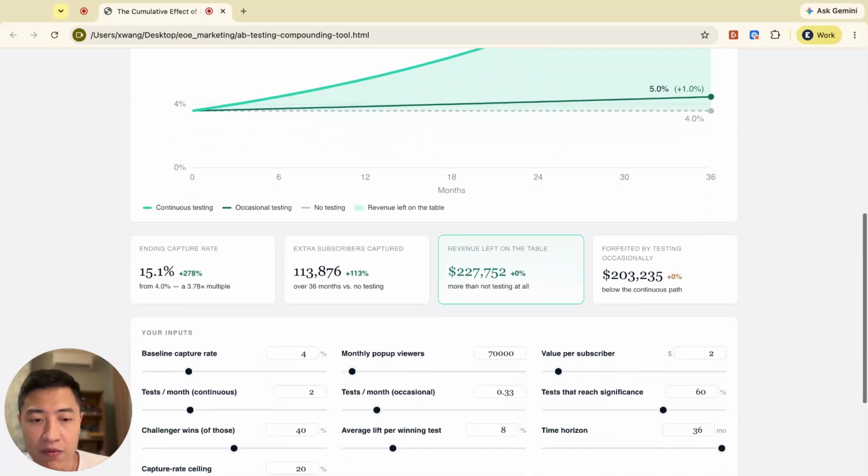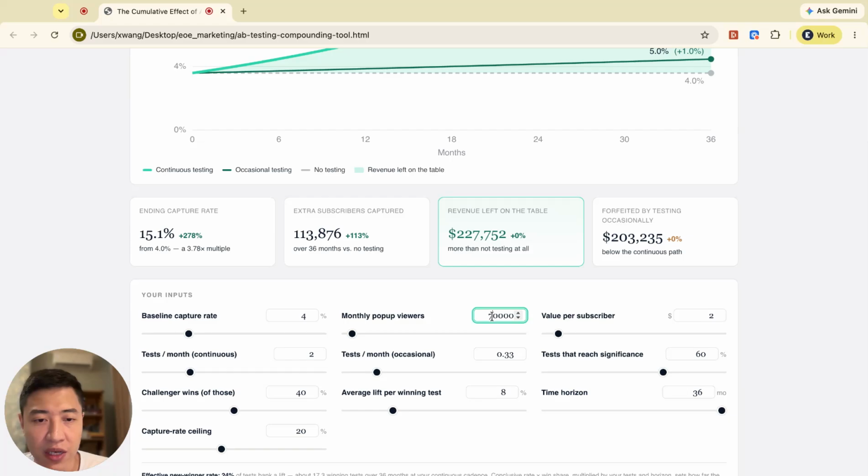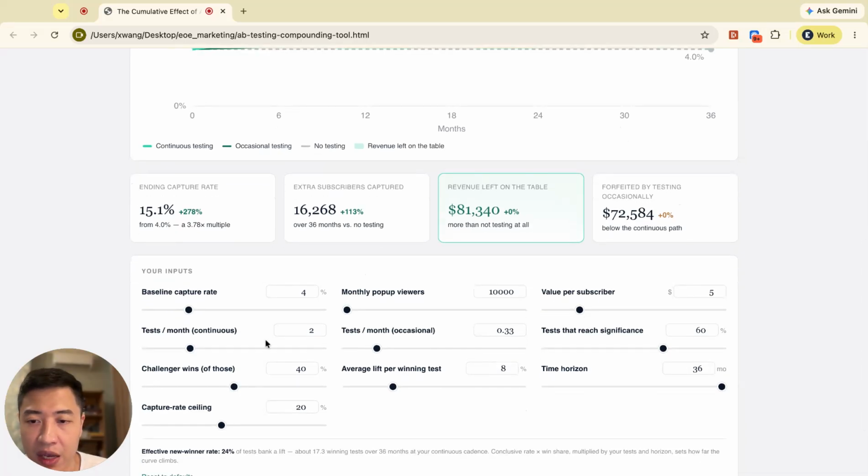So first off, I have just some basic assumptions here. Baseline capture rate for your pop-up lead capture pop-up at 4%, and monthly pop-up views at only 10,000 here. Value per subscriber, usually this one's probably a lot higher, so I'm going to move that to like $5 over the lifetime.